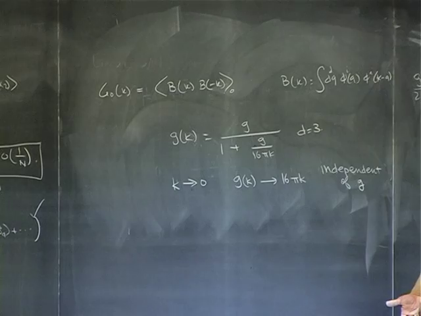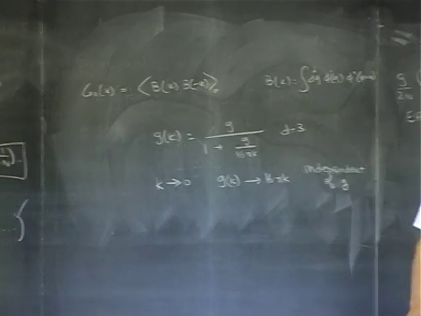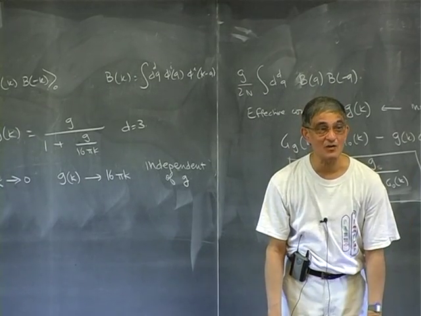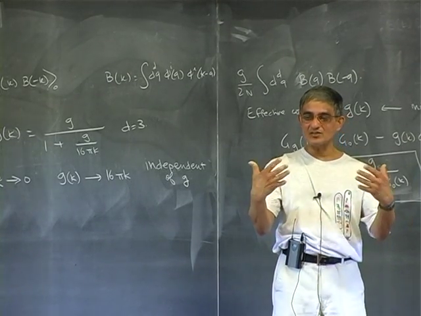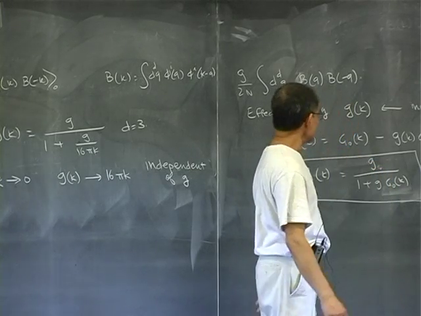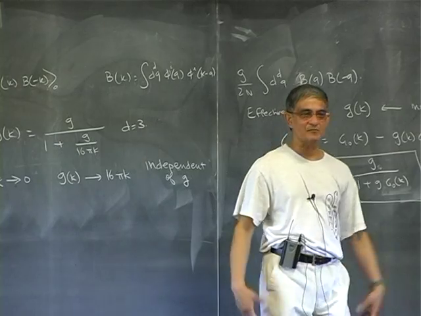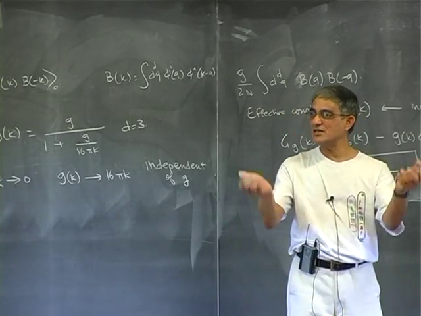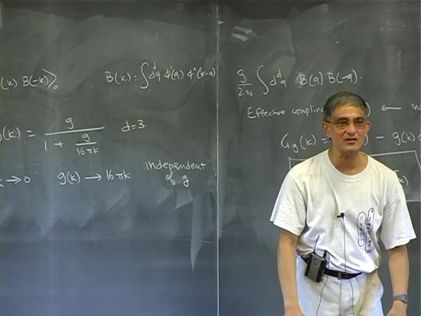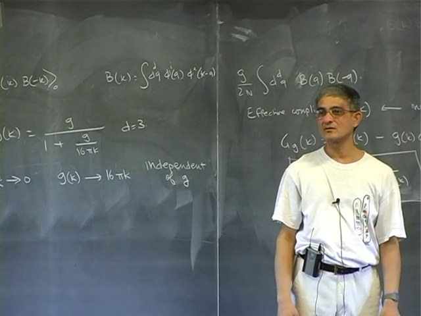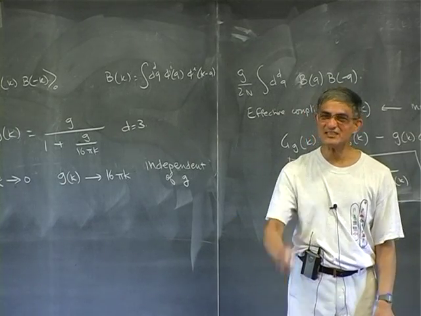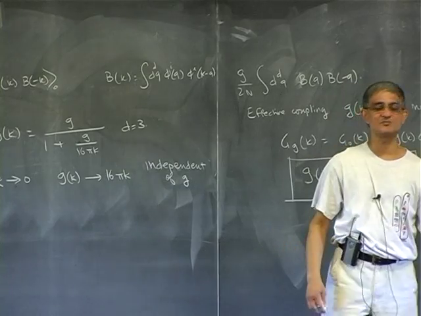I mean, you started out with a theory with some coupling constant G, and then you said, aha, at some effective momentum k, I want to figure out how strong is the coupling of the theory. It sort of measures the amount of interaction when you throw in two particles scattering into two other particles, and you find, wait a moment, the answer is independent of G. But that is exactly what you should get for an infrared fixed point.